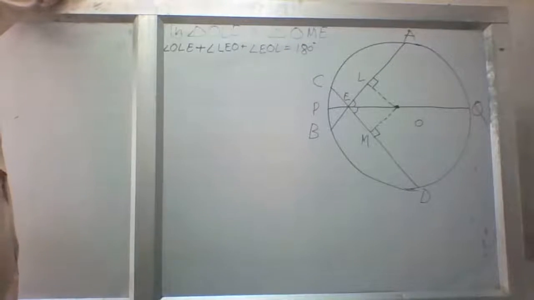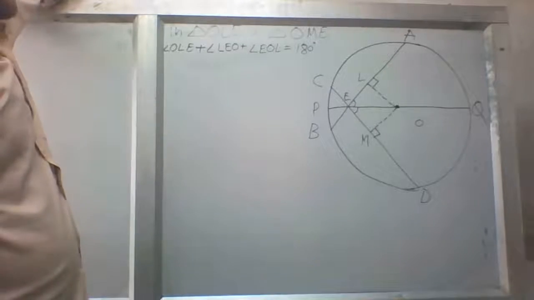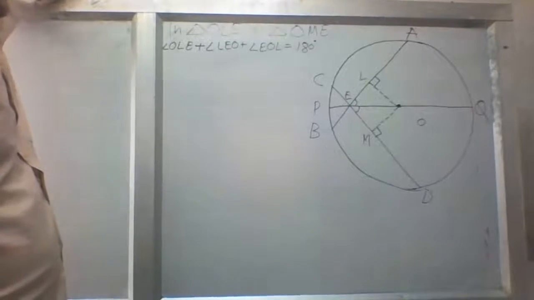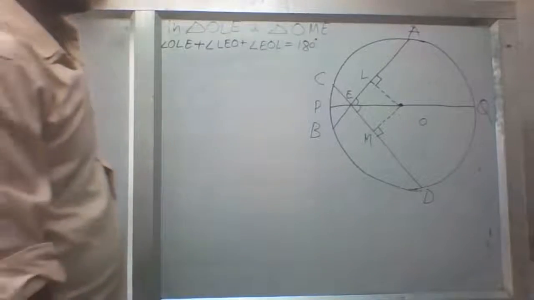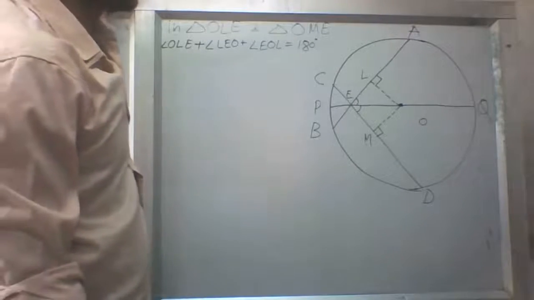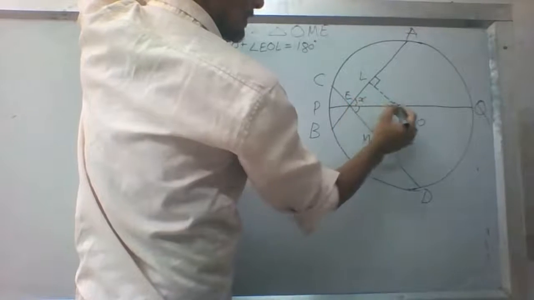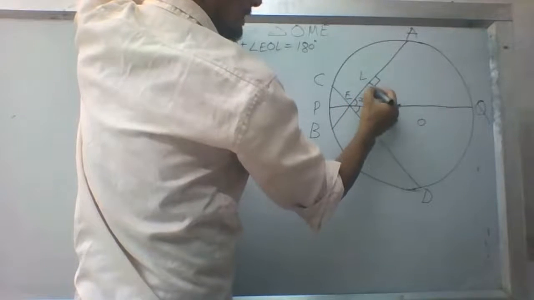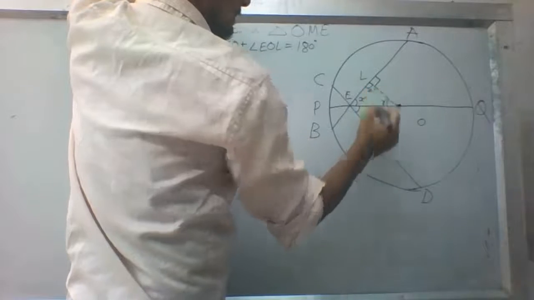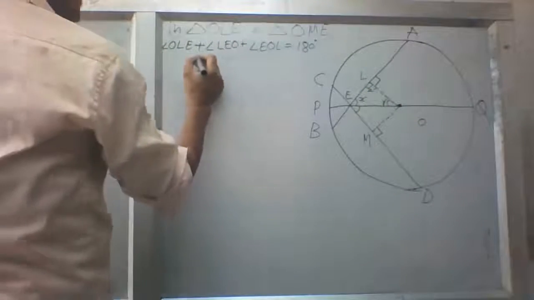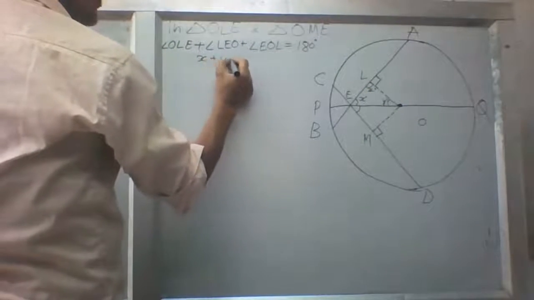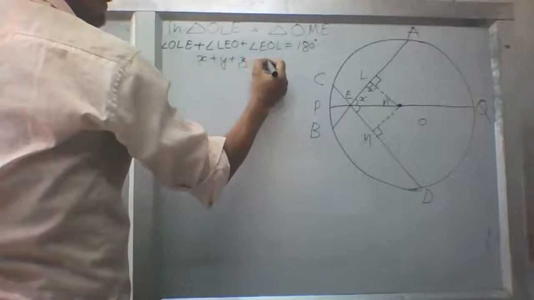The sum of all these angles is equal to 180 degrees. Or for understanding it in a better form, you can say x degrees, y degrees, z degrees. Means x plus y plus z is equal to 180 degrees.